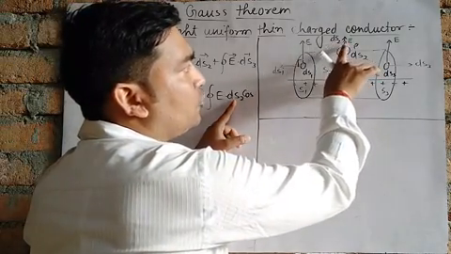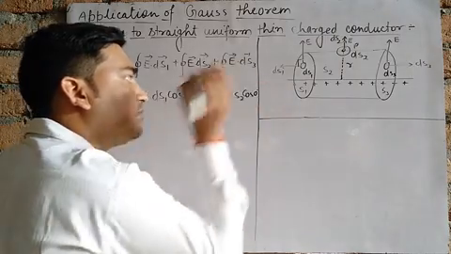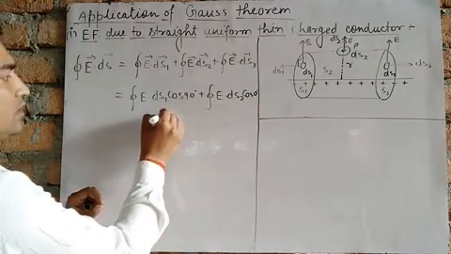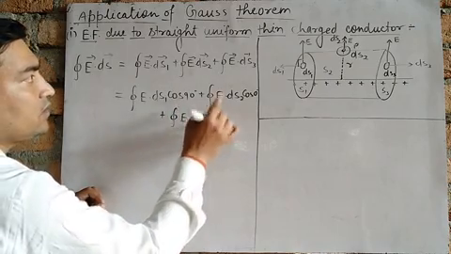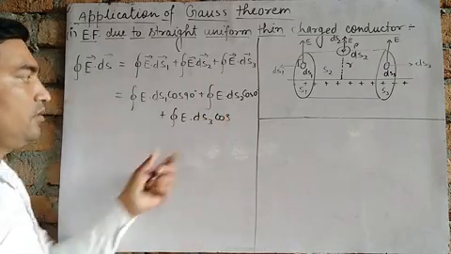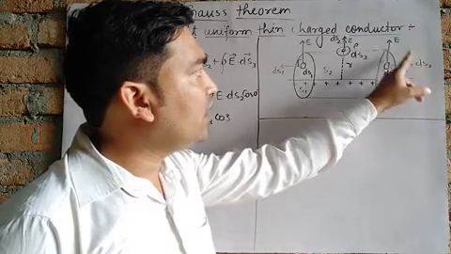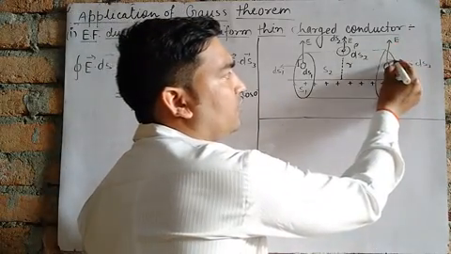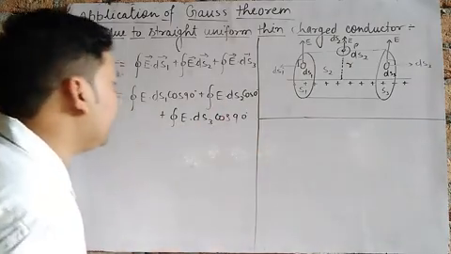E and ds2 are both in the same direction, so the angle is 0 degrees. The third is E ds3 cos of the angle between E and ds3. ds3 is here and E is here, and the angle between these two vectors is also 90 degrees.